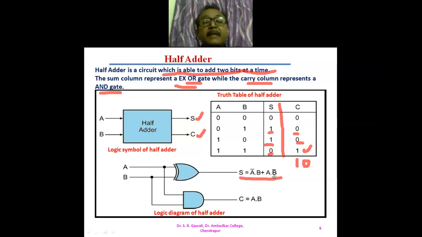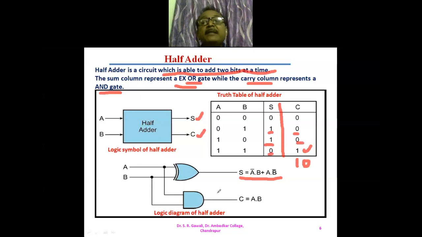Yes, there is a mistake in this diagram. No, it is not a mistake, it is the correct one. So the sum is obtained at the output of the XOR gate and carry is obtained at the output of the AND gate. So this is the logic diagram of the half adder.